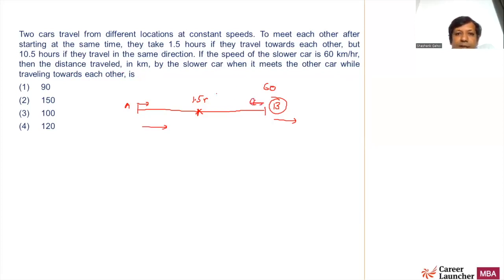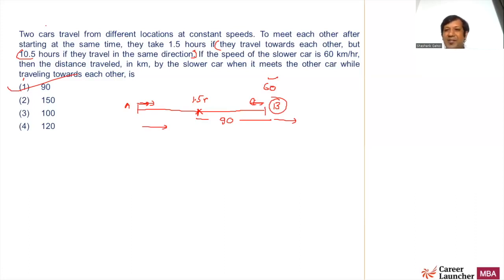When they are traveling like this, and this car is traveling with a speed of 60, they are meeting after 1.5 hours. So definitely this car is going to cover a distance of 90. The answer is directly 90 over here. I think this statement is completely useless. If they travel towards each other, 10.5 hours if they travel in the same direction. I don't think this statement has any use in this particular question. It's just some random thing.